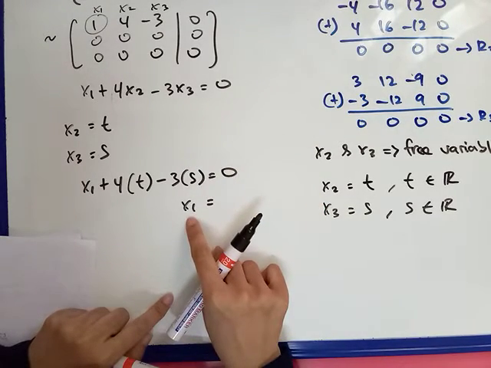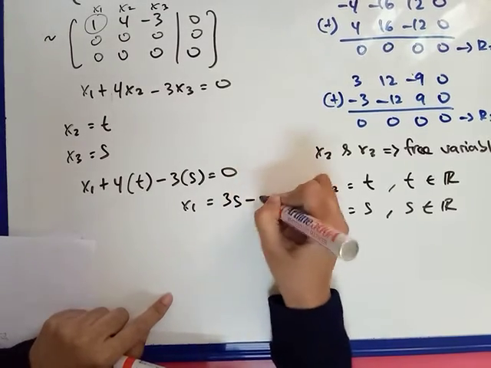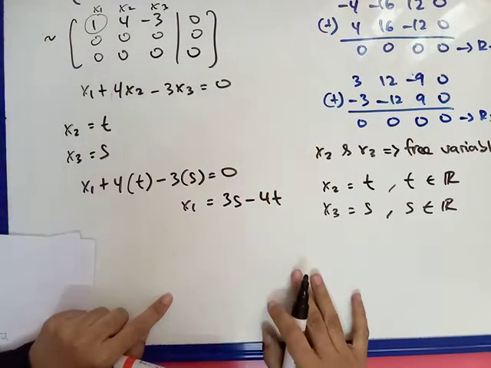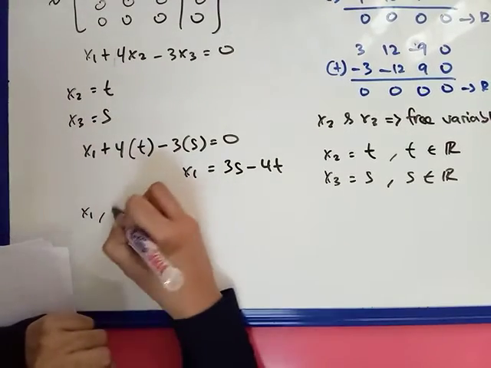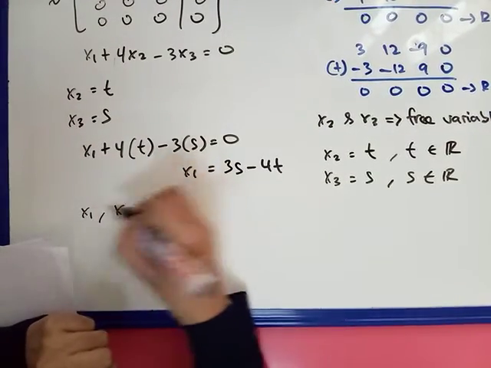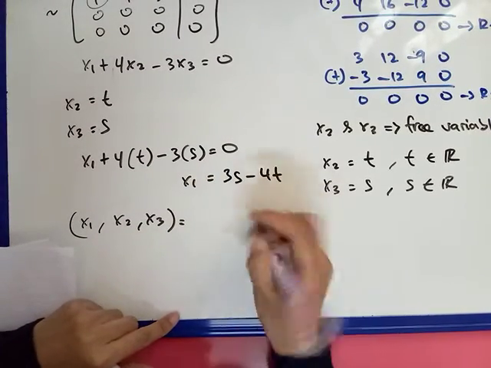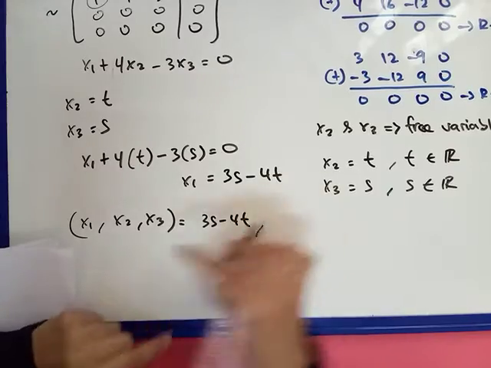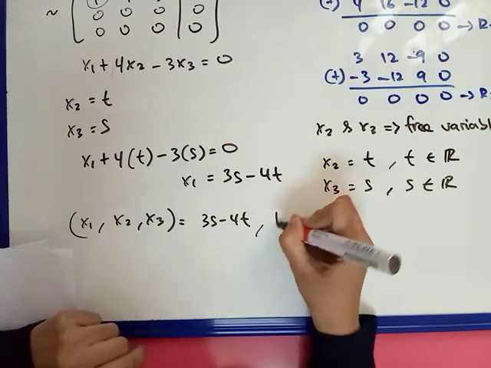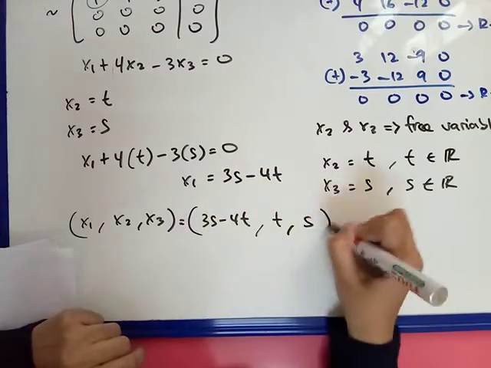Kita jadikan x1 sebagai subjek, so x1 equals 3s minus 4t. So the answer would be x1, x2, x3 equals 3s minus 4t, t, and s. So this is the answer.